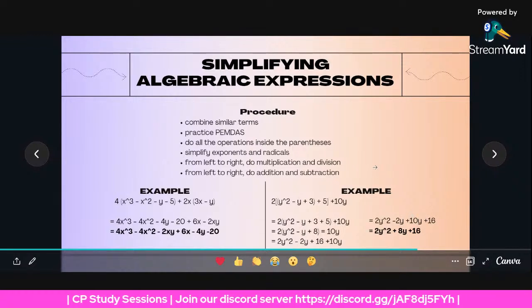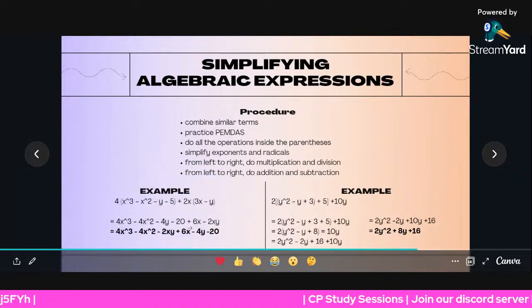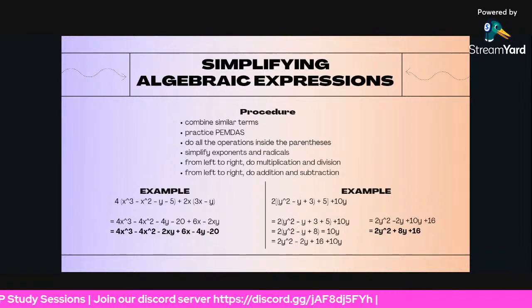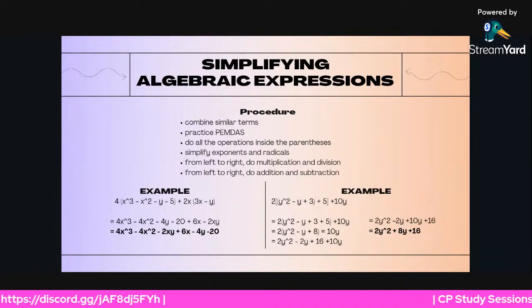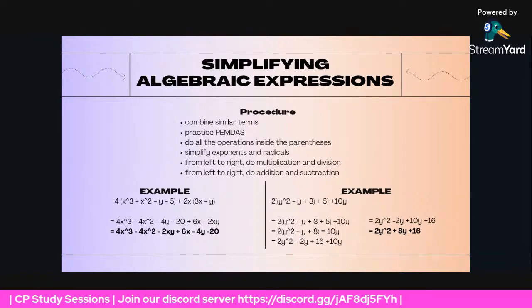So, paano naman kapag may na-encounter kayo na dalawa na yung variable and magkaiba? For example is ito, negative 2xy. So, ang tatandaan nyo, kailangan pa rin parehas siya ng variable with another term and yung exponent. So, yung negative 2xy, pwede mo lang siyang i-combine sa terms na meron ding variable na xy.